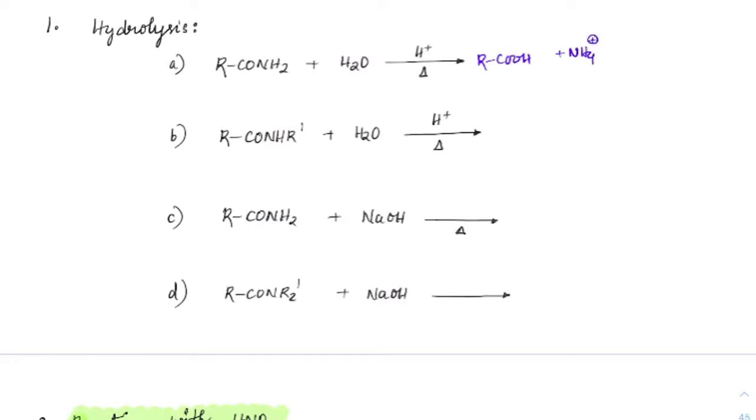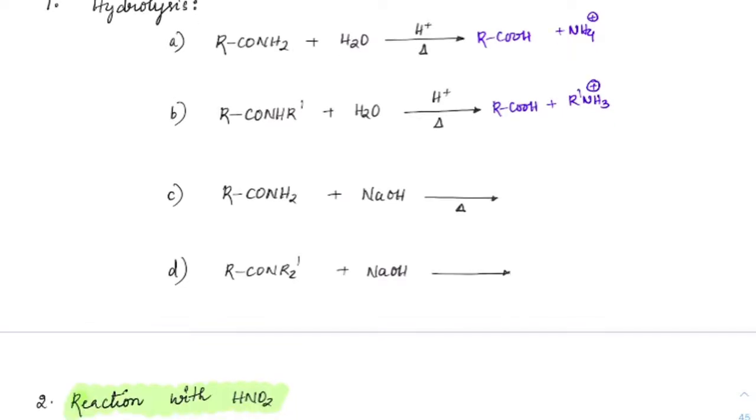If it is in acidic medium, NH3 will become NH4 plus. And for the substituted amide, RCOOH plus R'NH3 plus.